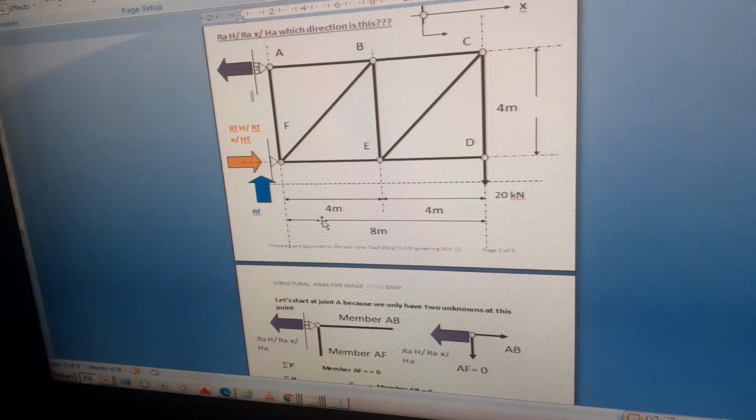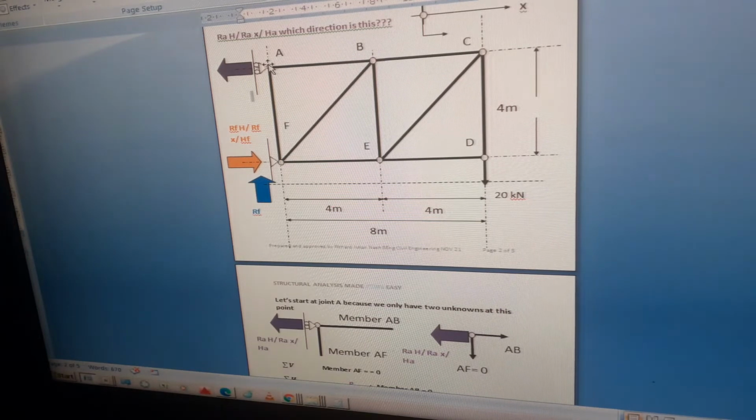Now, when you're doing this, you always pick as the first joint the one that has the least number of unknowns, because then you can make sure that you're correct. For example, if you start at F, you could go wrong because you've got 3 unknowns, EF, BF, AF.